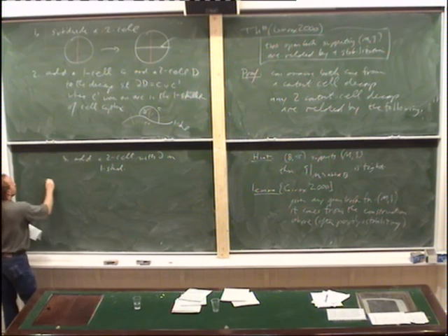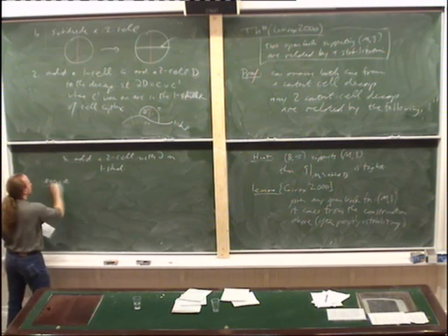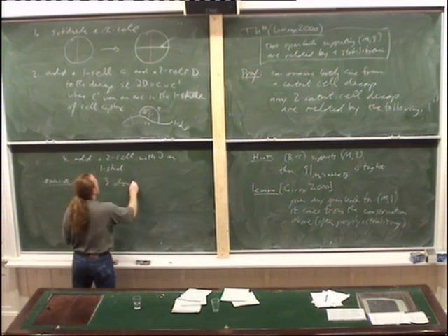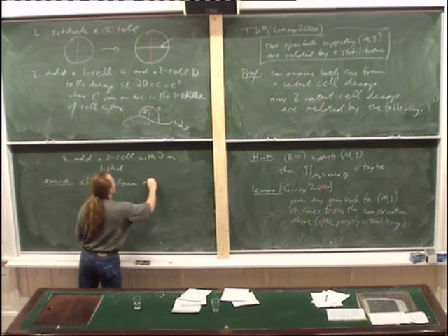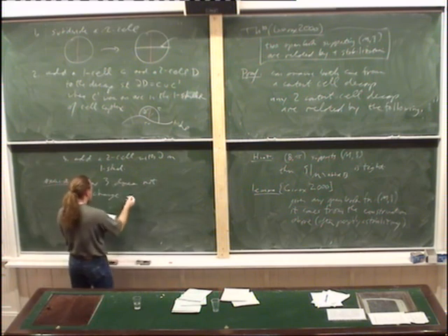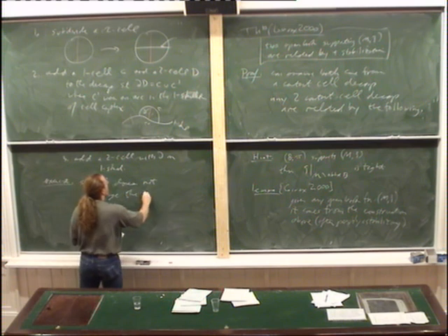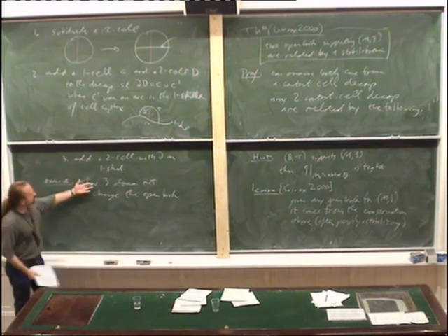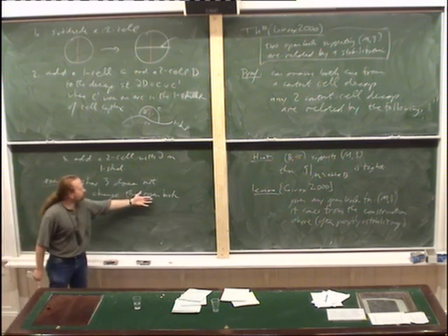And exercise. Show 3 does not change the open book. So what I mean by that is, of course, given a contact cell decomposition, you actually get an open book associated to it.